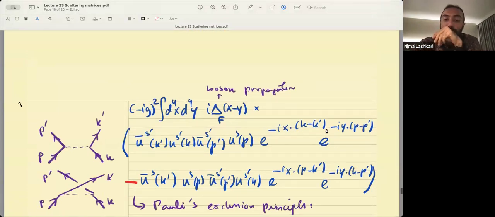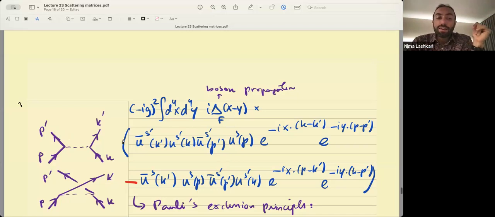And this is the first term that you obtain. Notice that this propagator is taken care of. This is u_s p, u_s' p'. You have to keep indices. Remember that these fermions have spin, so you're keeping spin general.